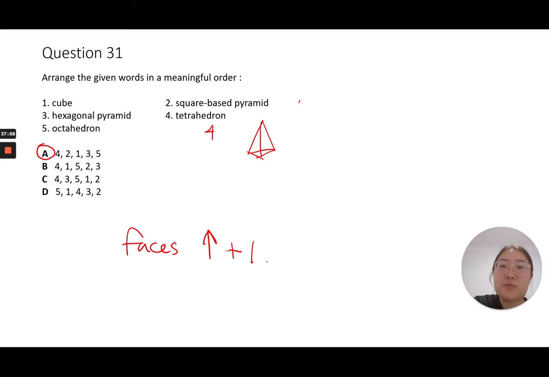A square-based pyramid has a square and then 1, 2, 3, 4 along each axis, so 5 faces. A cube has 6, a hexagonal pyramid has 7, and an octahedron looks something like that. It has 8. So it's going up: 4, 2, 1, 3, 5 for option A.